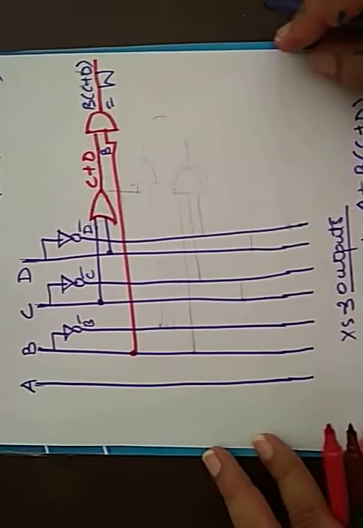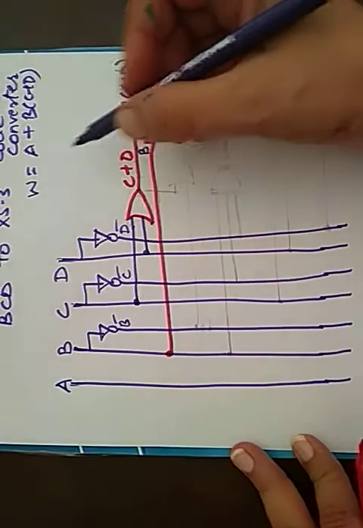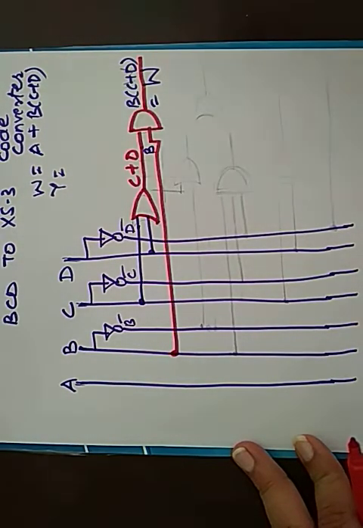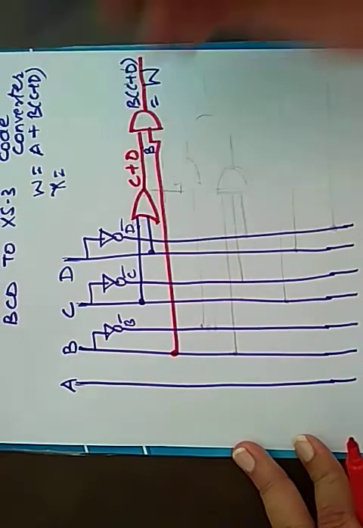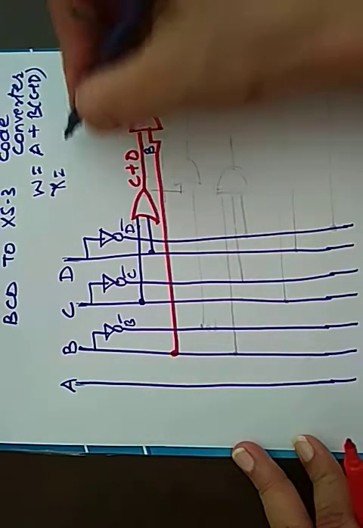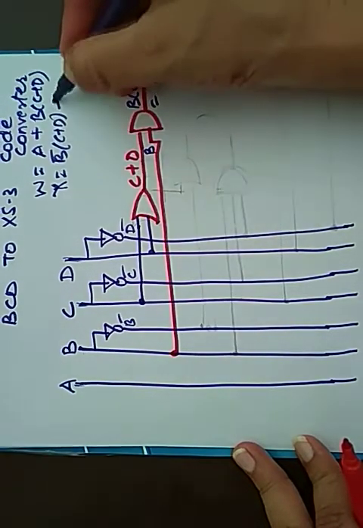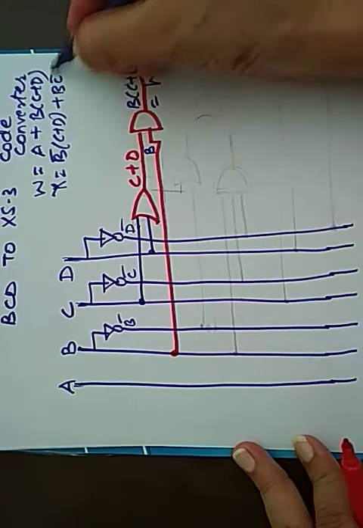Now let's do the Y output. Okay, let's do the X output first. The X output is, it's a big one, B bar into C plus D plus B C bar D bar.